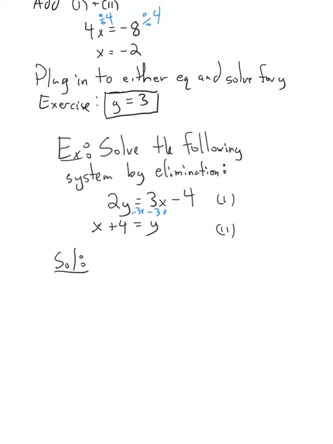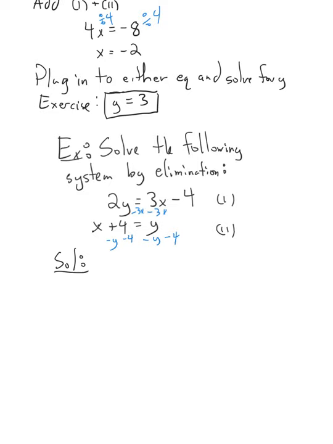That will leave all the variables on the left-hand side and all the constants on the right. So we'll do the same thing for the second equation. Well, I will subtract y from both sides and subtract 4 from both sides as well.